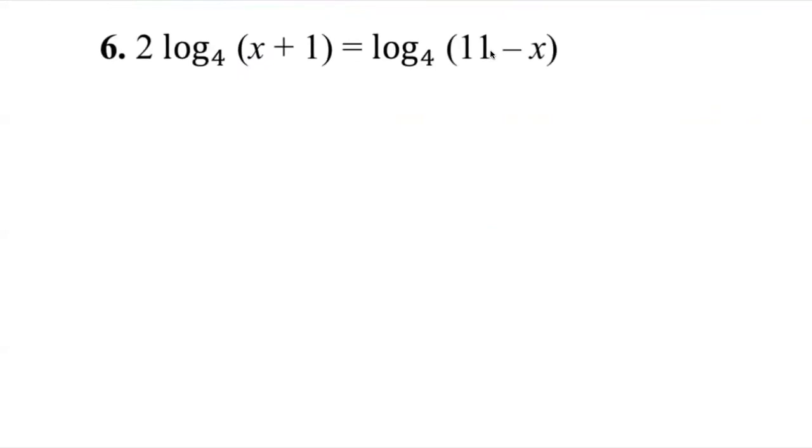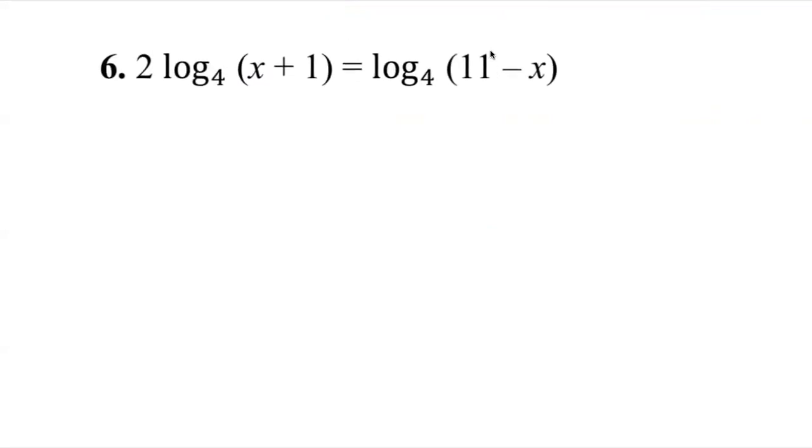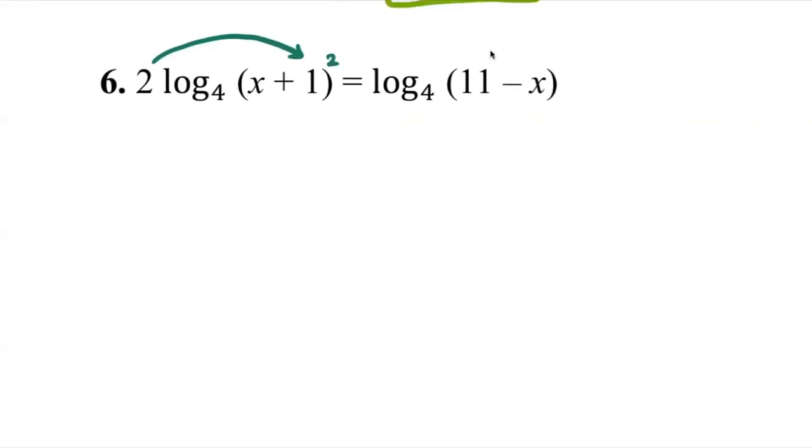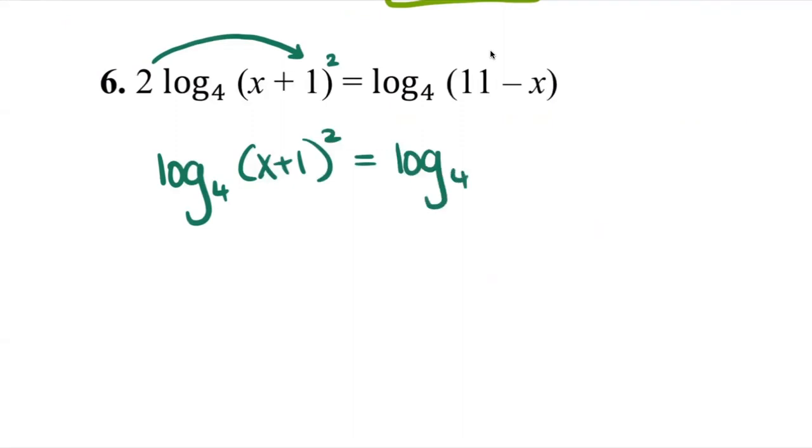All right, so number 6, to get this to just be log, I'm going to bring up the exponent over the argument. So this is going to be log base 4 of (x plus 1) squared. All right, so I can set these arguments equal.